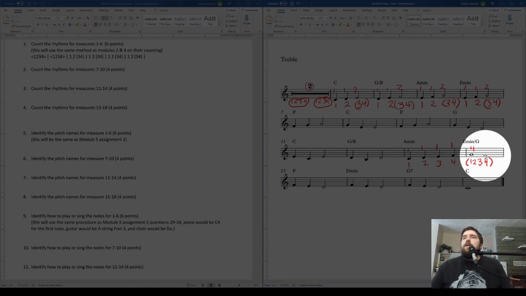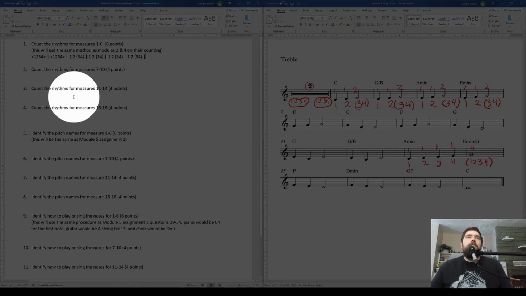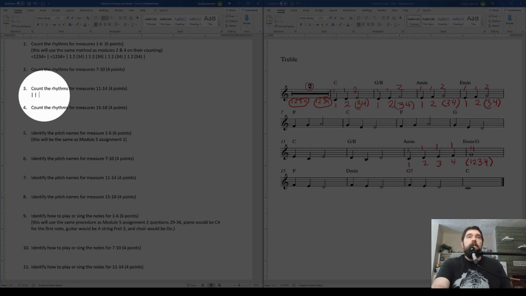So I would type it over here, numbers 13 and 14. I'm going to skip measures 11 and 12 for now. There are my bar lines for those. And now here is measure 13 that I just worked on, 1, 2, 3, 4.